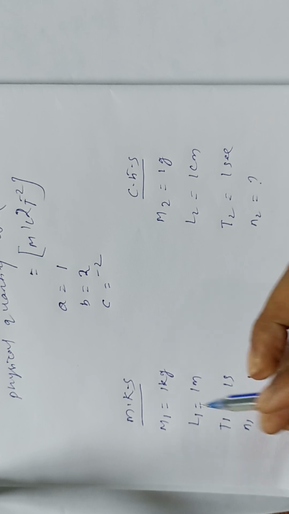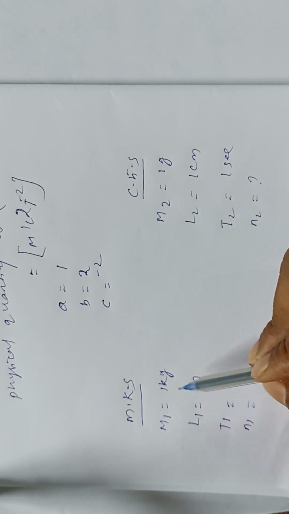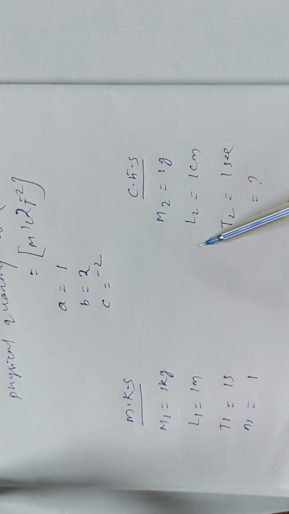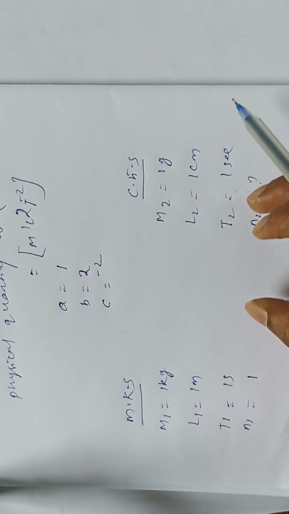This represents system 1 of the physical quantity, and this side represents system 2. This is the known value, this is the unknown value.